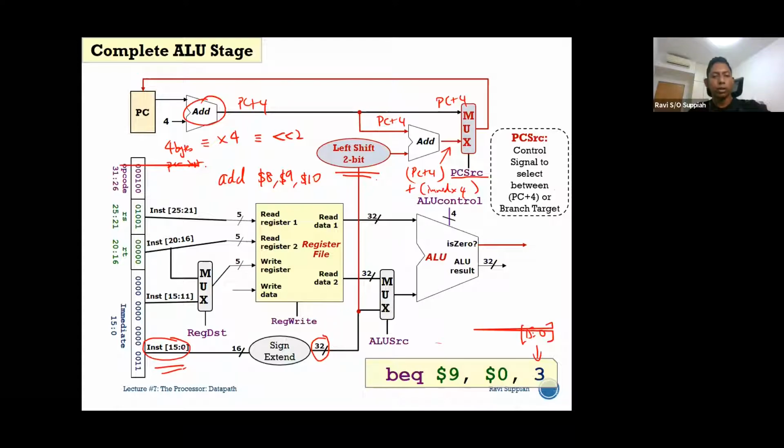Now the lower 16 bits make no sense for an R-type instruction, because there is no immediate value in the lower 16 bits.